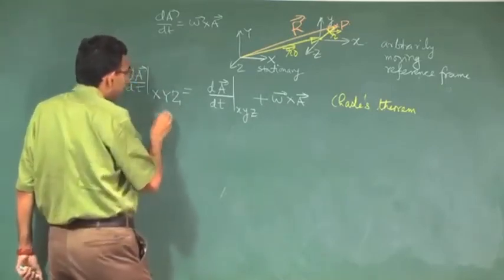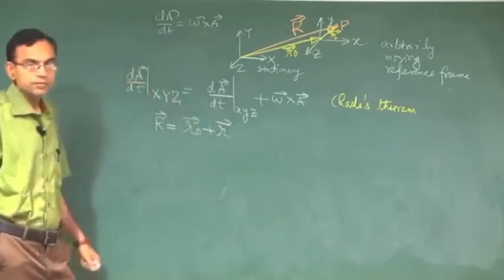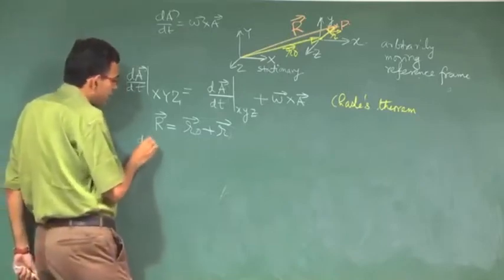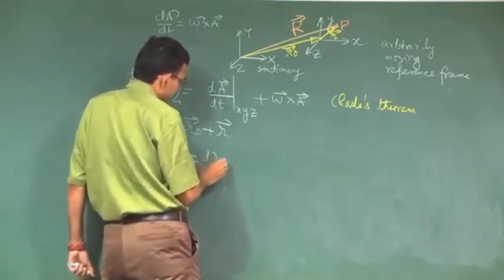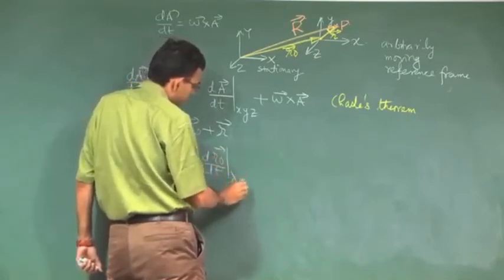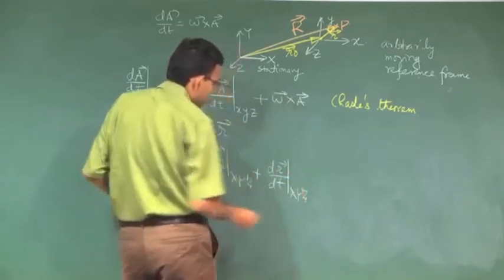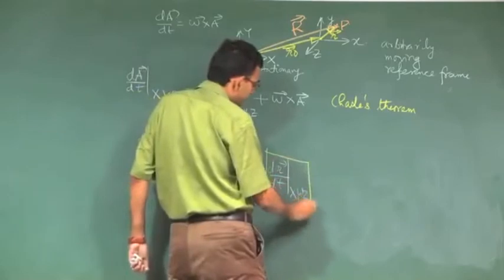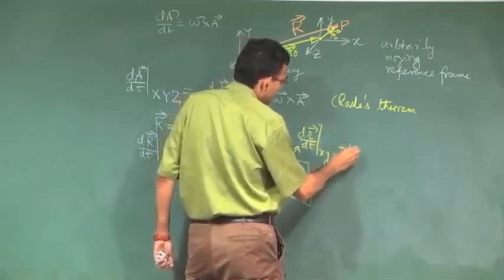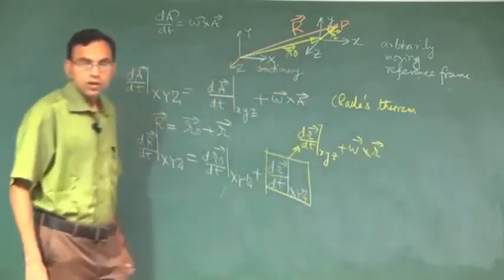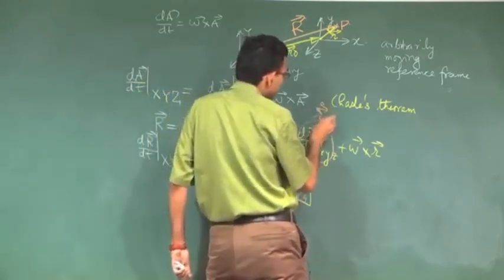So we can write that R, so dr dt with respect to capital XYZ, by Chasles' theorem, this will be, or in simple notation we will call this as r dot with respect to small xyz.